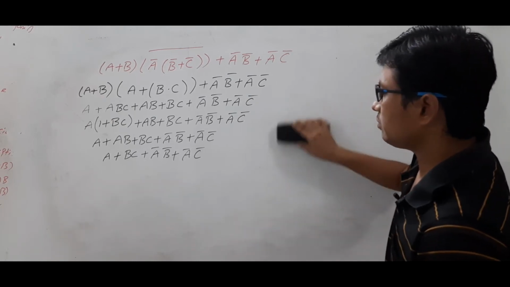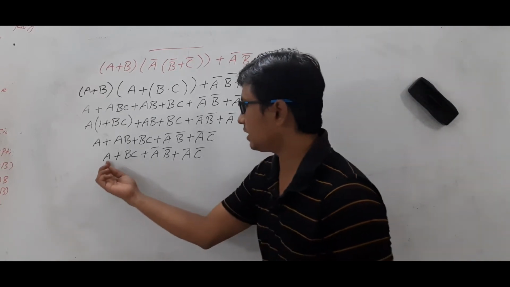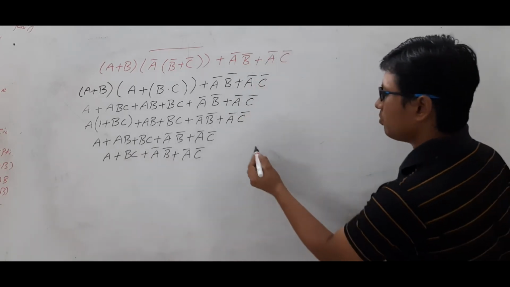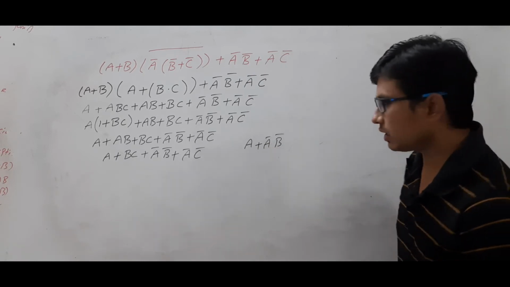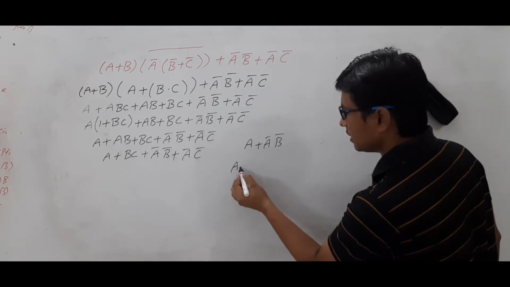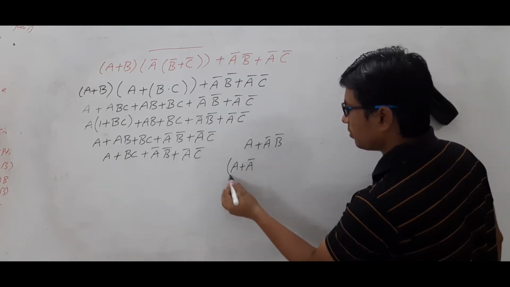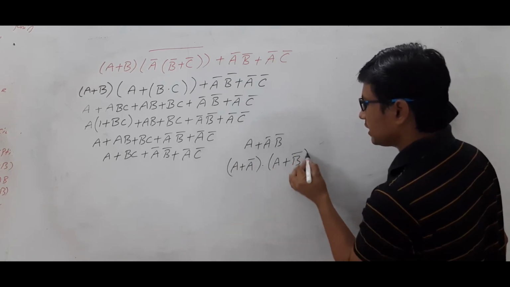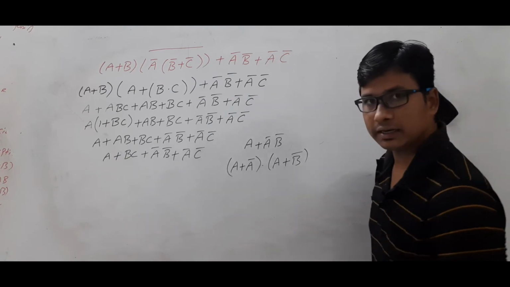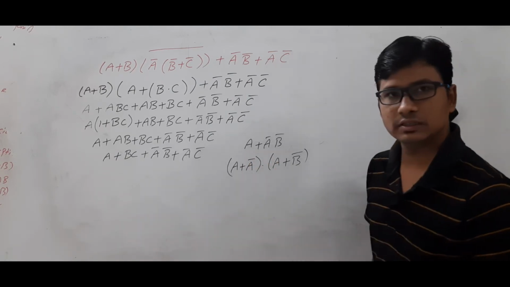Now what I will do is take A + A'B'. This I can write as (A + A')(A + B'). Can I write like this? Am I right or wrong? We already discussed this one.